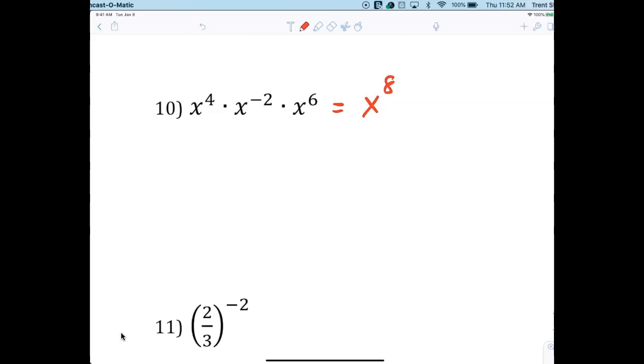I'm not sure why you got the 2. The other rule is we could just go ahead and add the exponents, right? You don't need to move it. You can just say, hey, 4 plus negative 2 plus 6. X to the 8. I'm not sure what the confusion is. Everybody okay with that now? Everybody good?